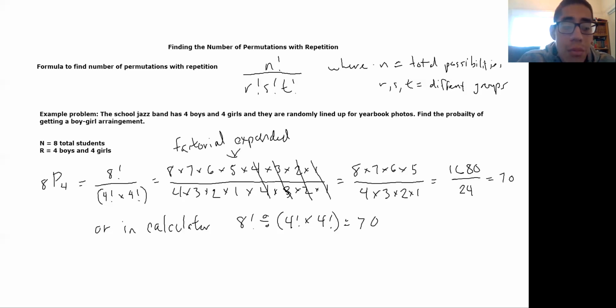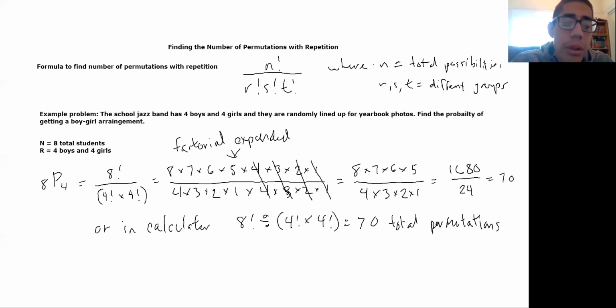What we just found out right here is the total permutations. So this is the total possible permutations, right? That's what we just figured out.